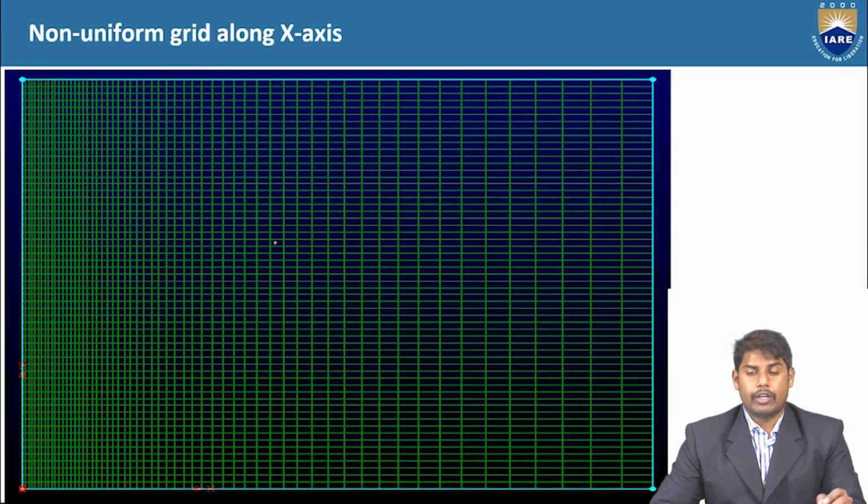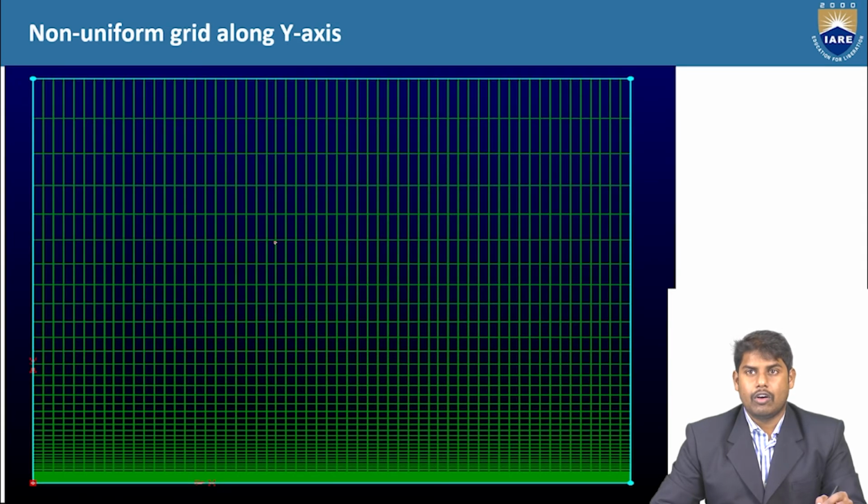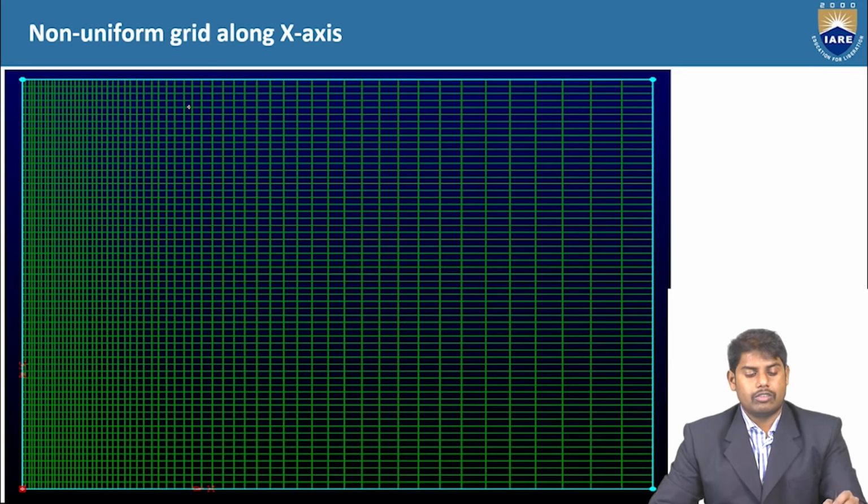So this is what I am talking about. So here you have a non-uniform grid along the x-axis. The meaning of non-uniform is that the spacing between two successive grid points is not the same.